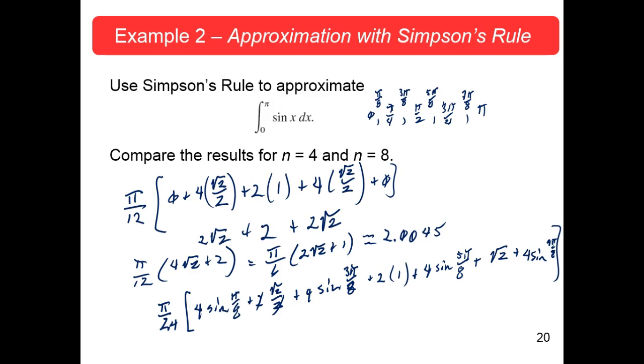Shift and this. 8 times the sine of pi over 8. Got it. Plus 2 times root 2. Got it? Plus 8 times the sine of 3/8 pi.